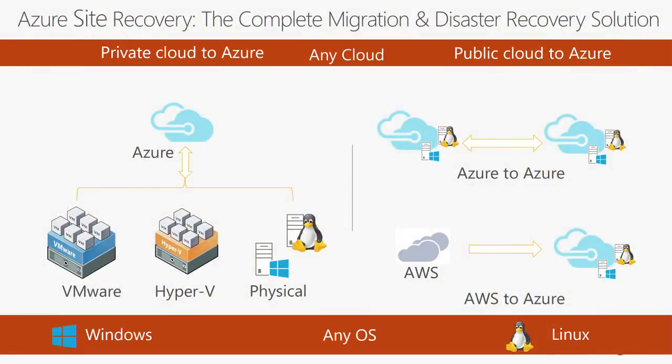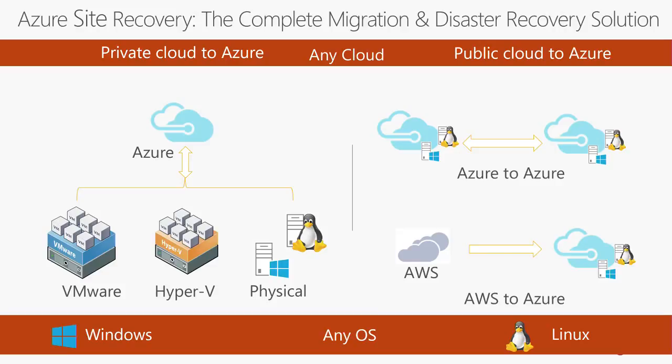So if you look at Azure Site Recovery as a solution, Azure Site Recovery allows you to do disaster recovery and coordination. Whether you have on-premises, 2 data centers on-premises, you can utilize Azure Site Recovery to protect them, to orchestrate your disaster recovery.